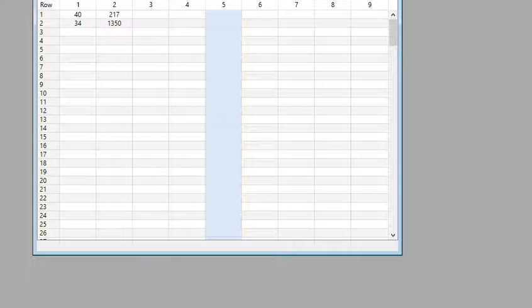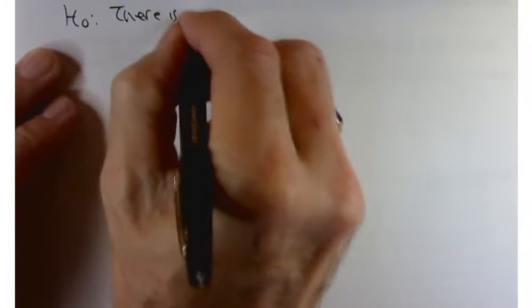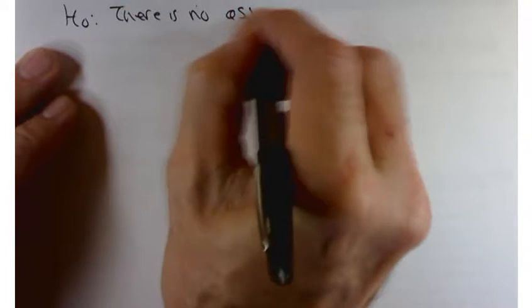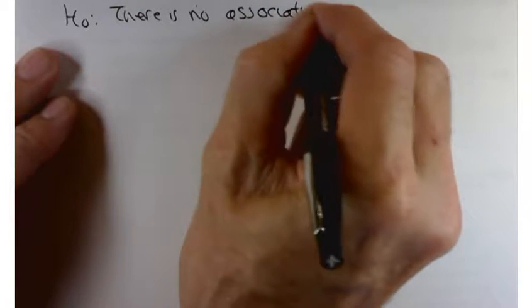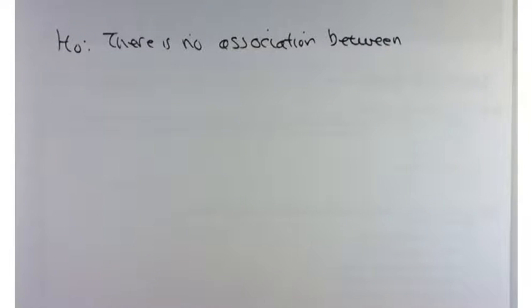All right, so let's come back here. H sub 0, there is no association between whether Gilbert was working and a patient died.